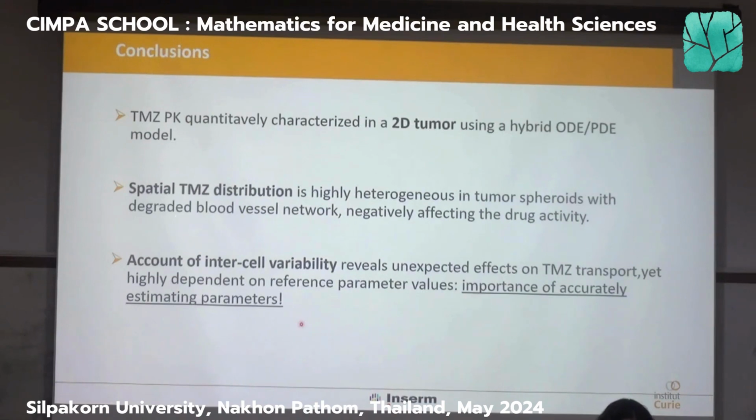And we have seen as well that including inter-cell variability can actually change your results, but this is very dependent on the parameter values that you have in your model. So it's not like a proper theorem that you could infer. It's more complicated than this.